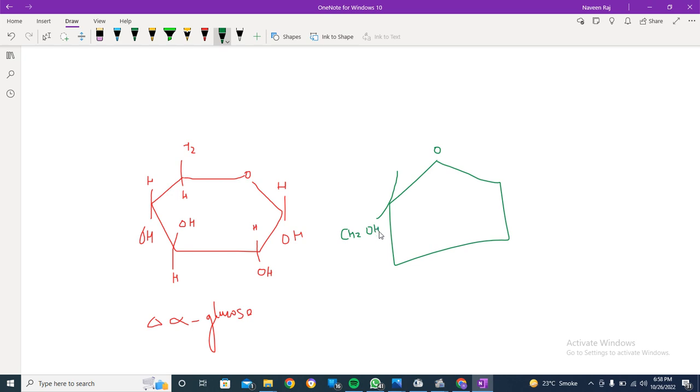Do remember this is beta fructose, and OH would be on the upper side. This is beta fructose.